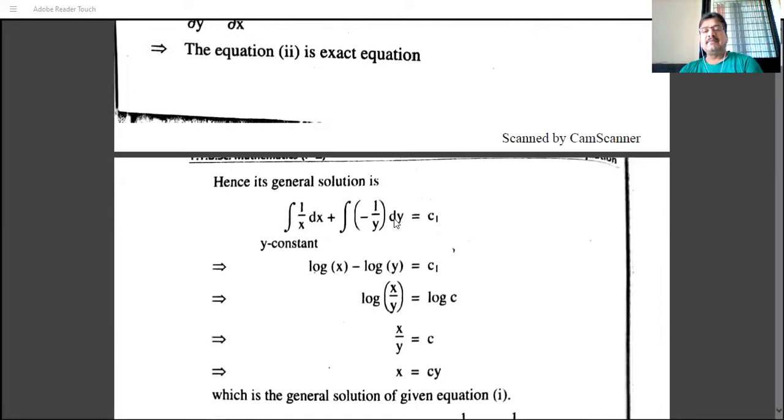So the integral of (1/x) dx plus the integral of (minus 1/y) dy is equal to c1, a constant of integration.